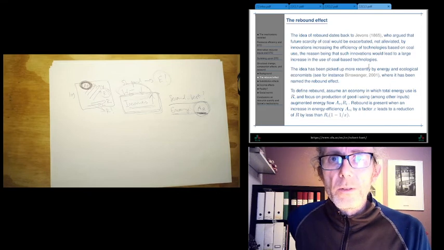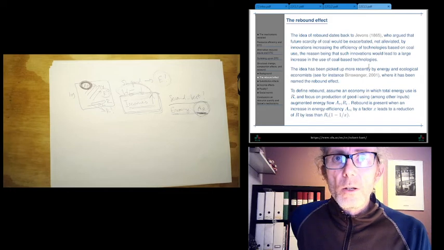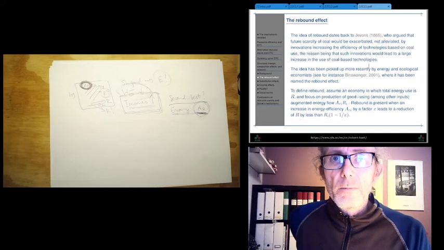Rebound is present when an increase in the energy efficiency, ARI, by a factor X leads to a reduction of R, total energy use, by less than RI, 1 minus 1 over X.